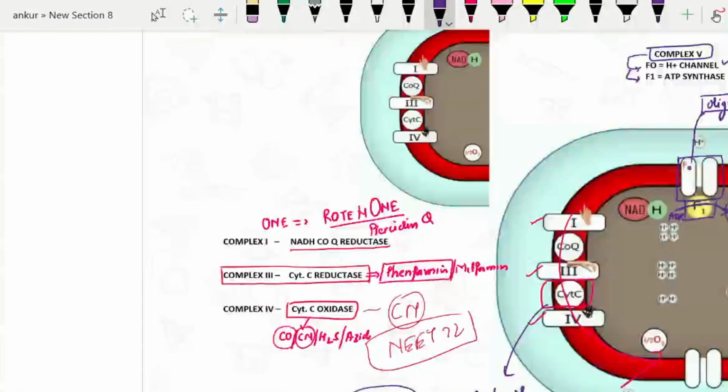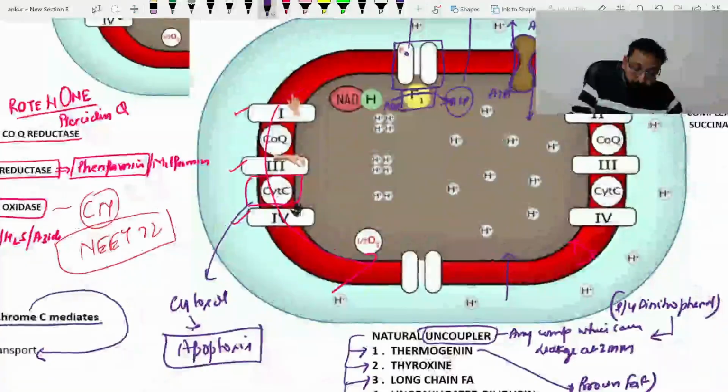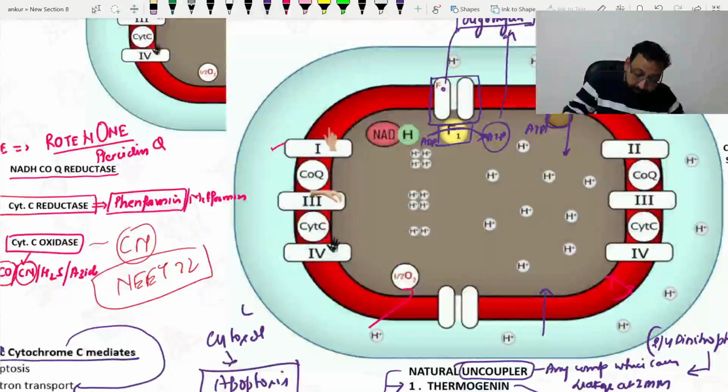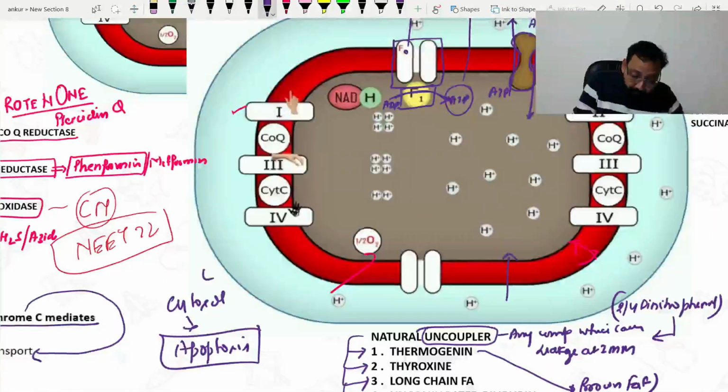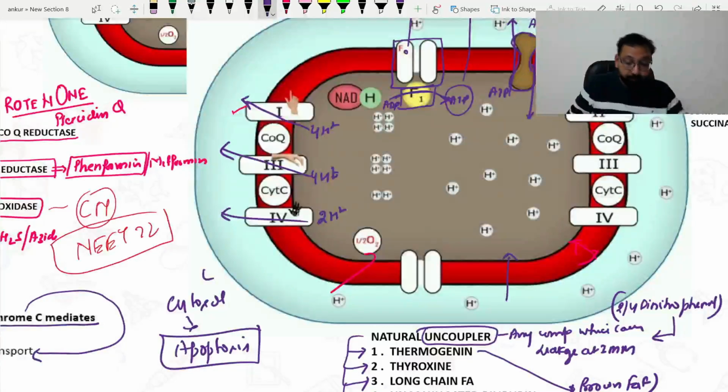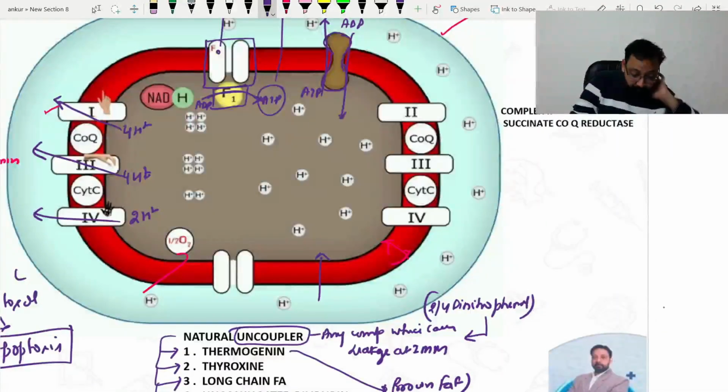All the complexes of the electron transport chain transfer H+ from the mitochondrial matrix to the intermembrane space. This is very, very important. Complex 1 transfers 4 H+. Complex 3 transfers 4 H+. Complex 4 transfers 2 H+.